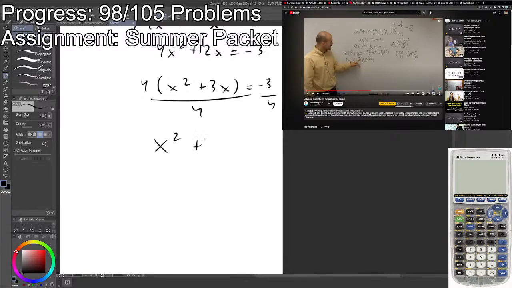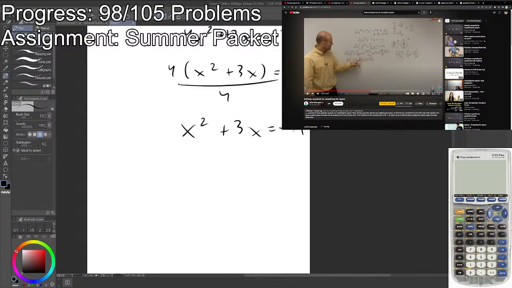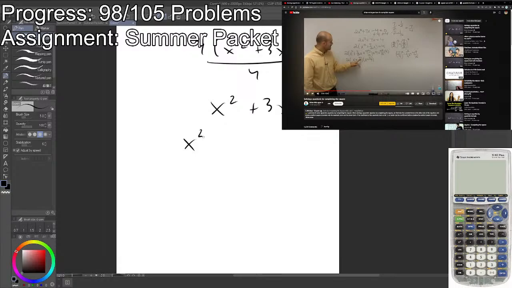So x squared plus 3x equals negative 3/4. Okay. Now do completing the square?